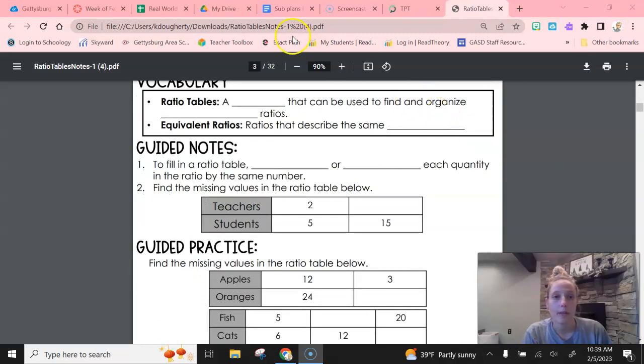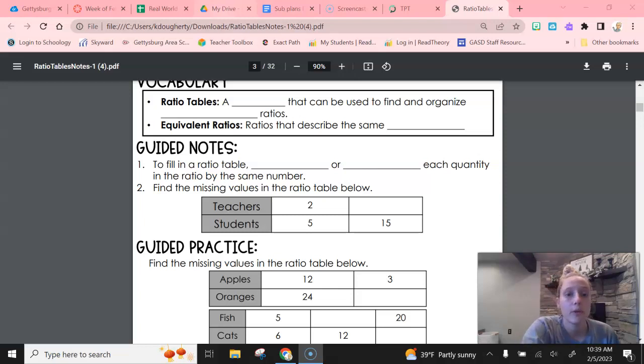Guided notes. Let's talk about the guided notes section. All right, here we go. To fill in a ratio table, you're doing the exact same thing that you were doing when you were finding equivalent ratios.